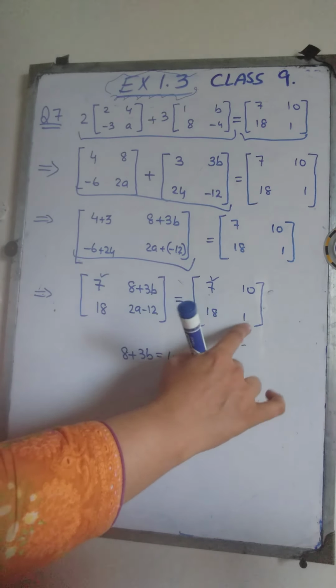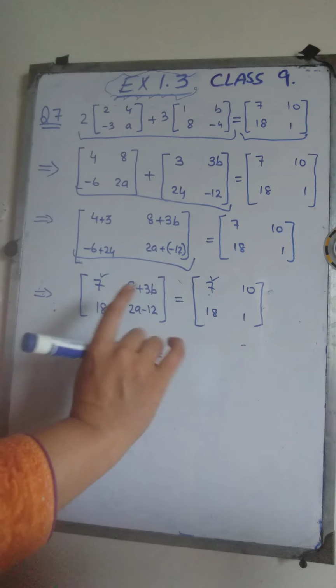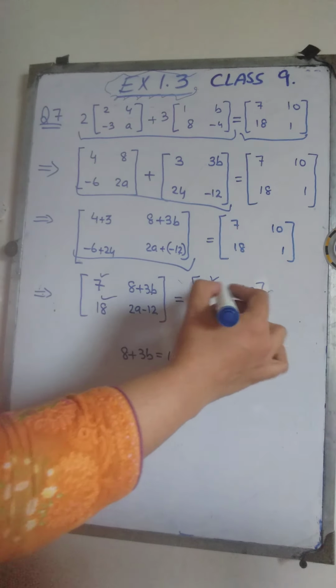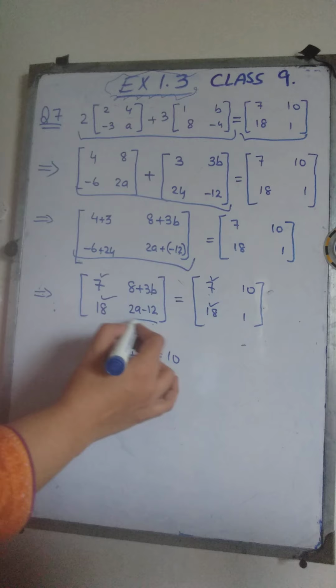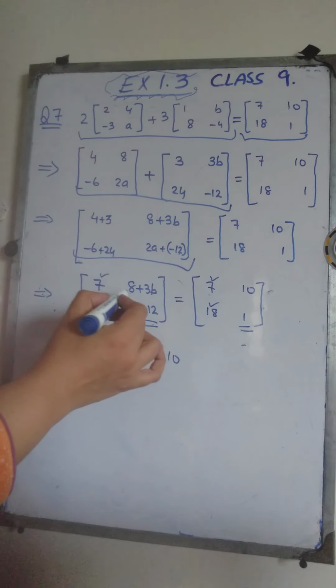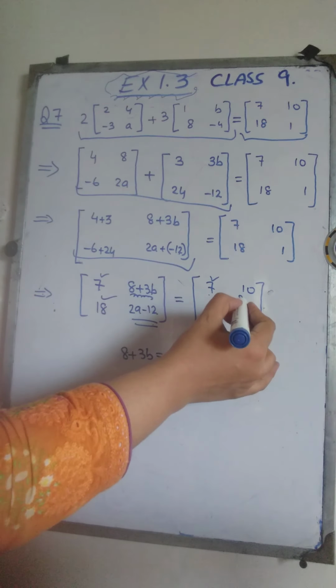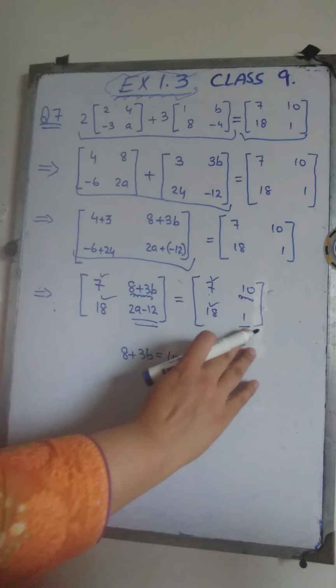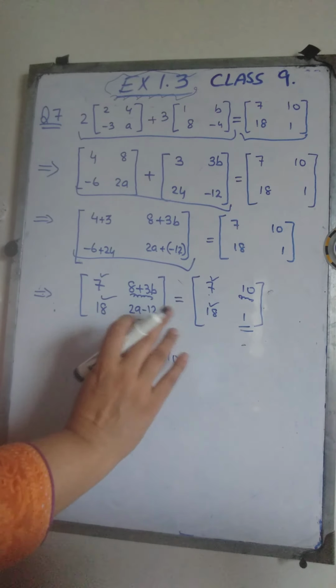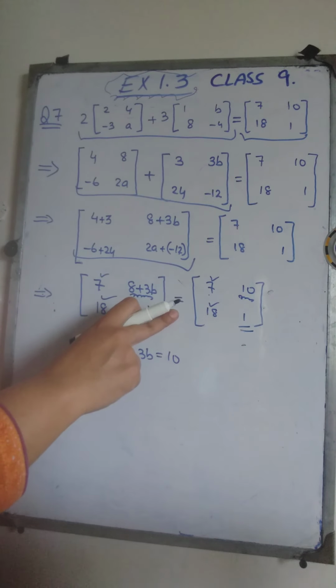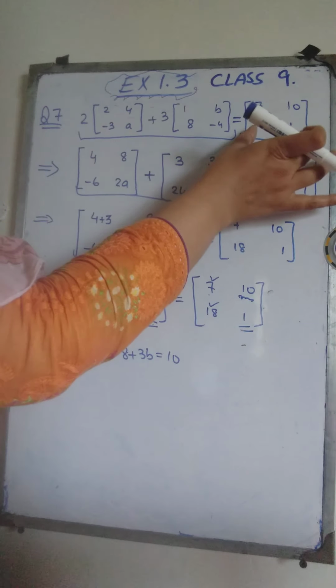The fourth element must be equal to 1 because the matrices are equal, so their corresponding elements must be equal to one another. Okay, this element must be equal to 10 and this element must be equal to 1 if the matrices are equal, and they have given us in the question that this expression is equal to this matrix.